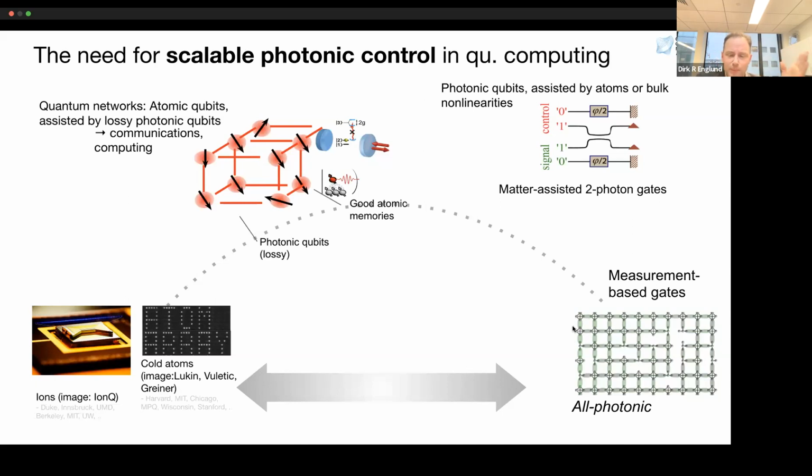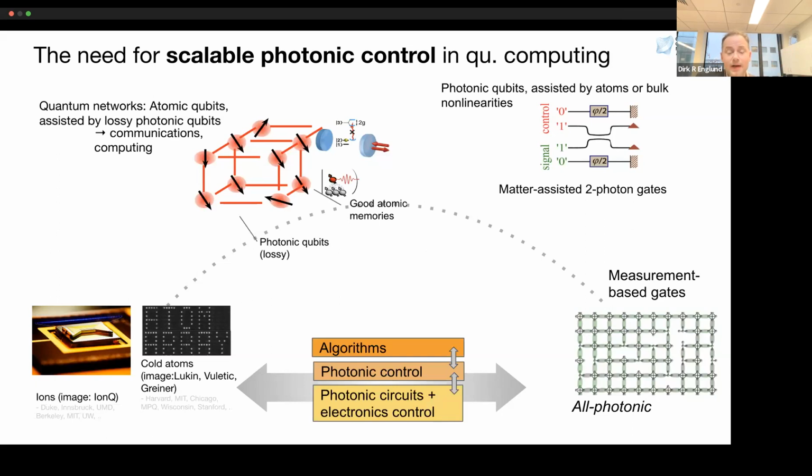But you see here the spectrum of applications for which there do not exist at the moment sufficiently good and scalable platforms for programmable optical fields. And so that's sort of what we're going to look at today. And when you develop these, you can't think in isolation, like, oh, I just want to make something with really good transmission.